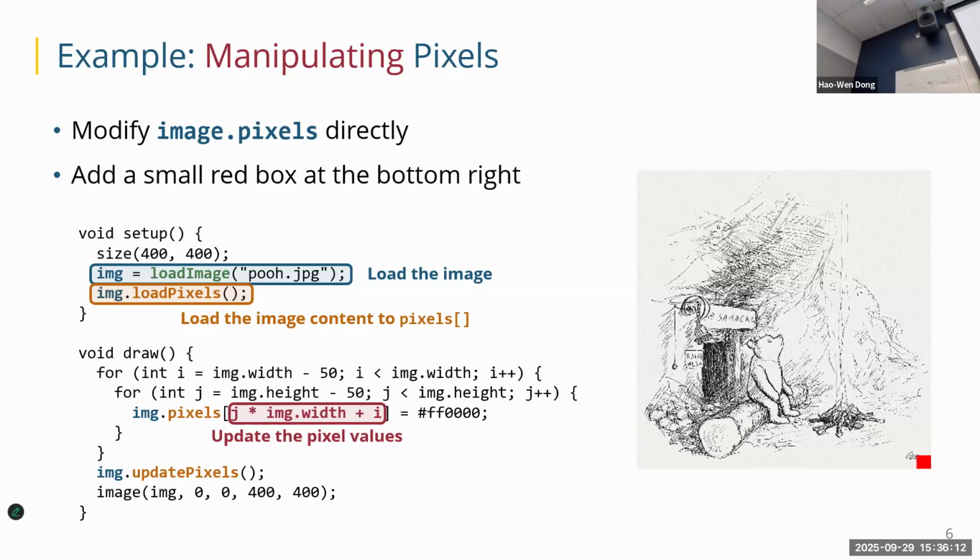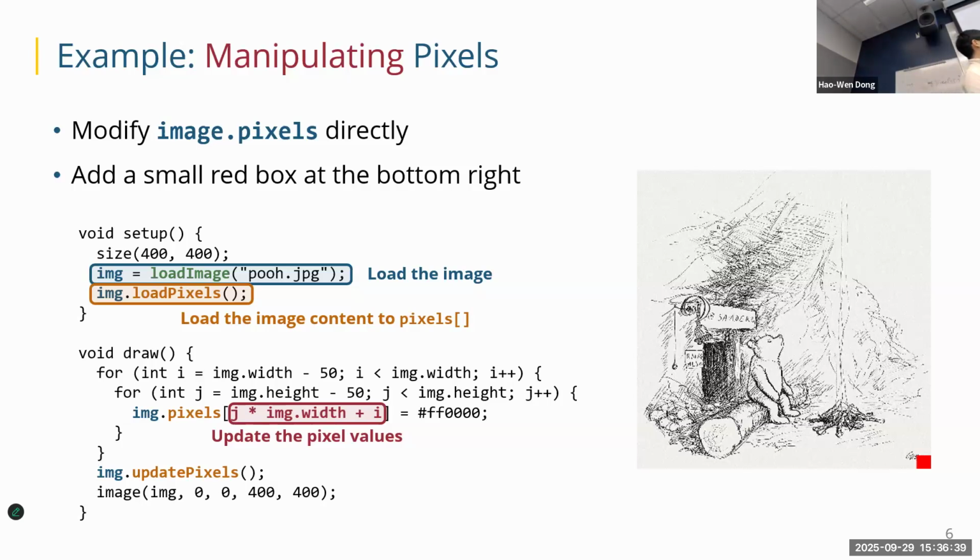What we want to do is at the bottom right, we want to turn it into red. If you look at this for loop, it's basically i equals image.width minus 50 to image.width, and then image.height minus 50 to image.height. This is a double for loop.